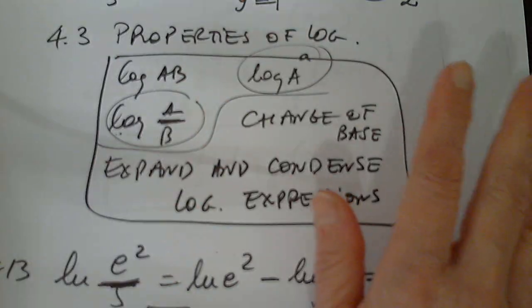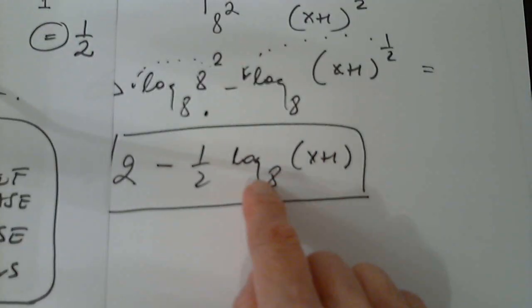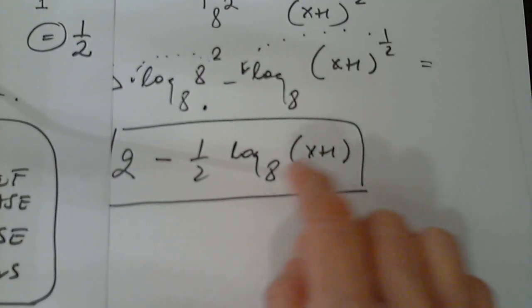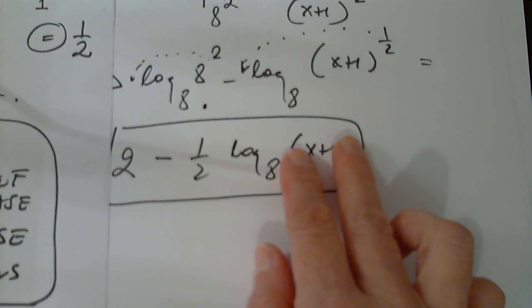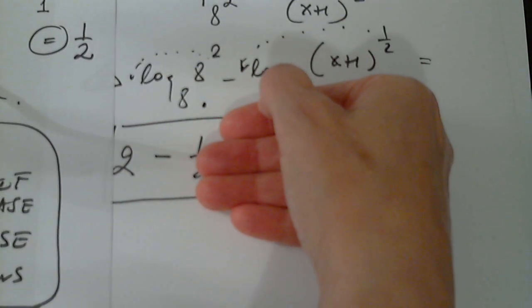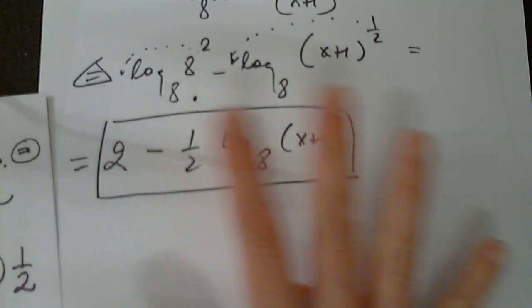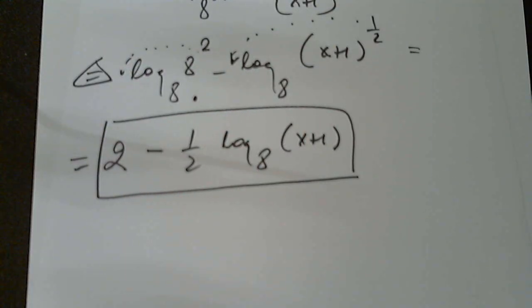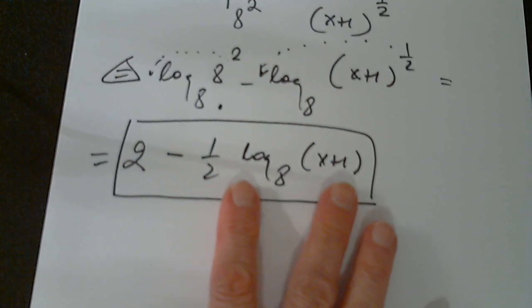We do not have a rule that simplifies log of a sum of terms or log of a difference of terms. This is it. So this is the expanded form applying the three properties of log. No one can simplify log of a sum.